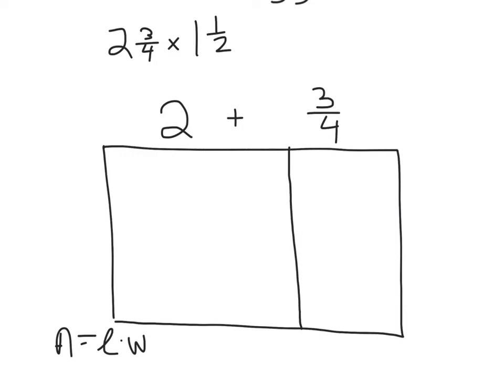Now it's not perfect in how I'm splitting it up. I'm mainly doing this just as representation. So now what I'm saying is that this length right here is equal to 2 units. This length right here is equal to 3/4 of a unit, obviously not to scale. And I'm going to do the same thing with 1 1/2, but on this side. So here I have 1 plus 1/2.